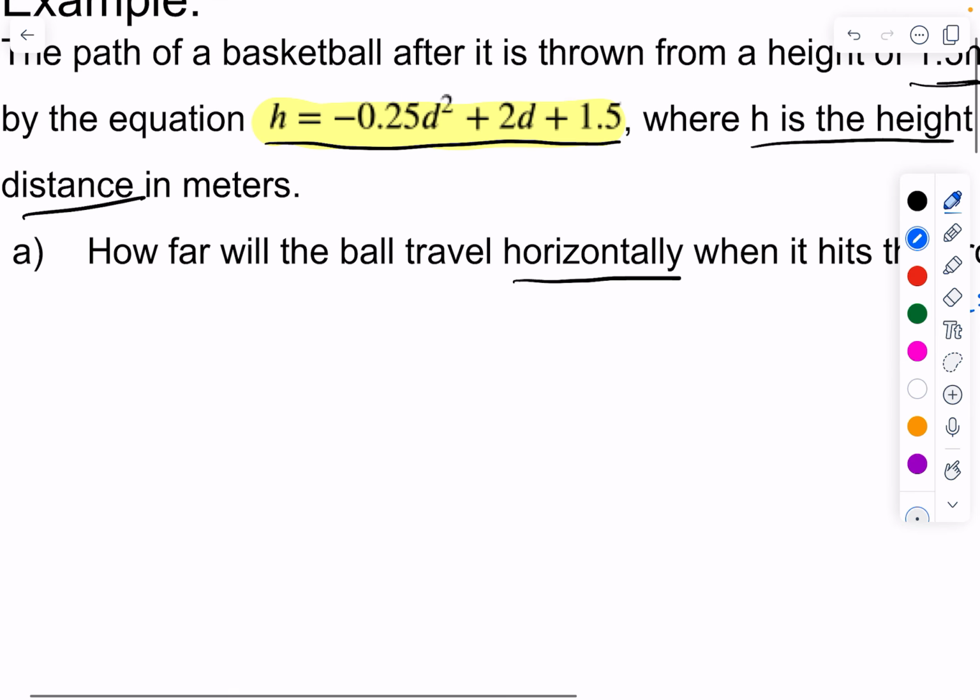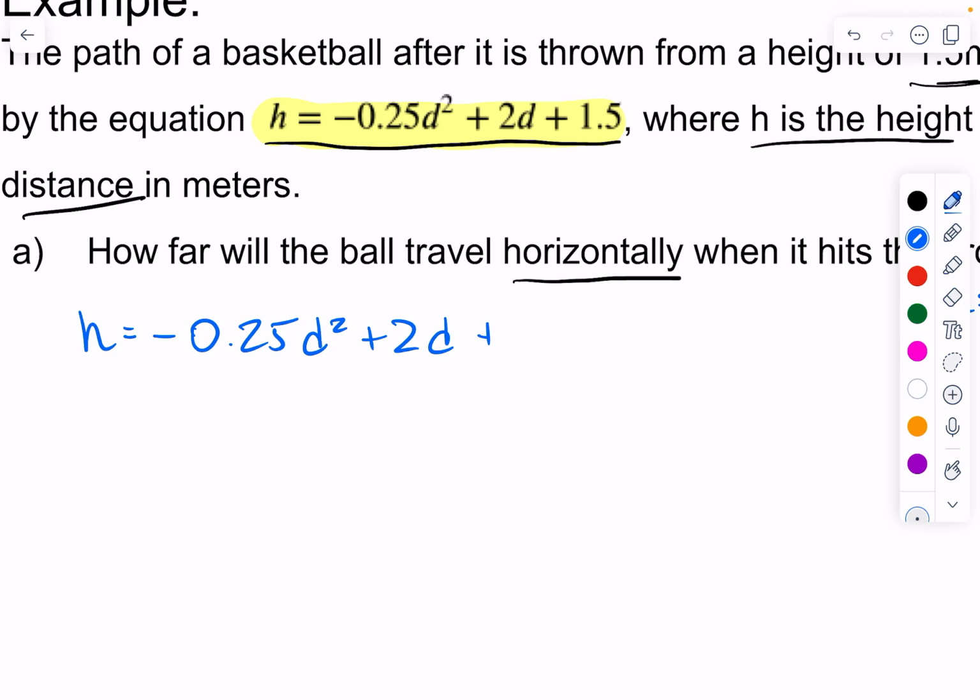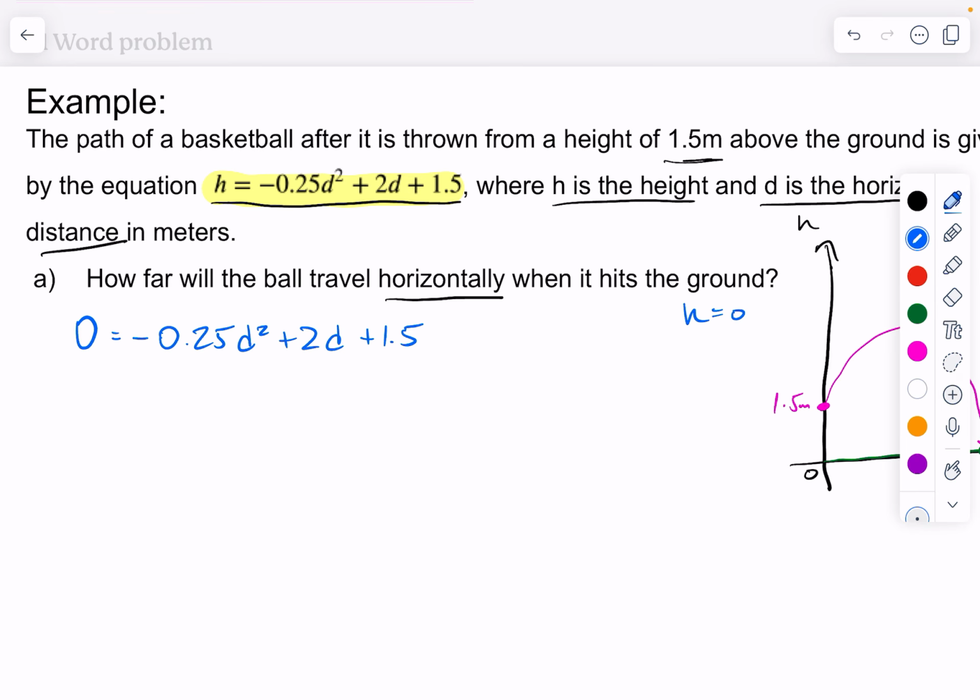So now I'm going to use this equation. H is negative 0.25 d squared plus 2d plus 1.5. But I'm going to say h is 0. So I'm just going to replace that with 0. Okay, so now how do we solve that?